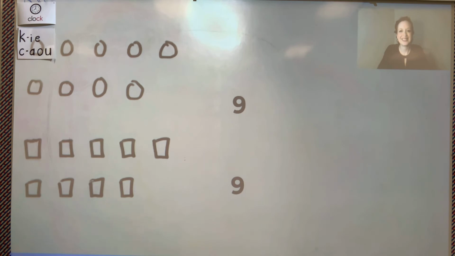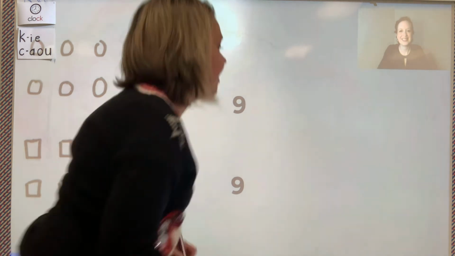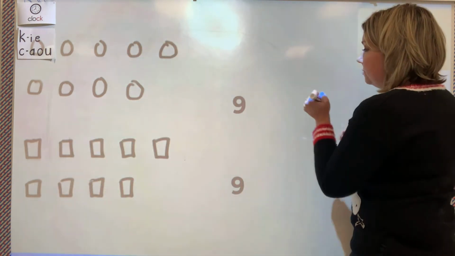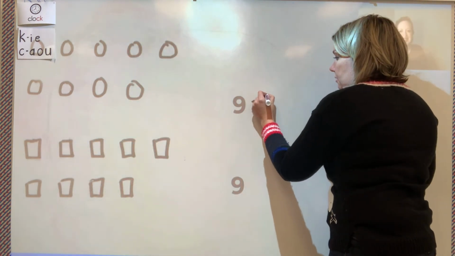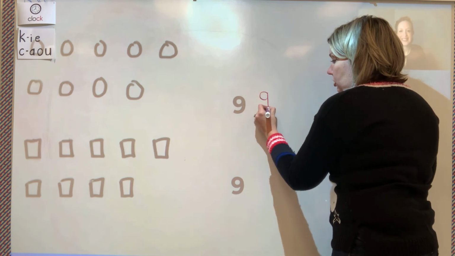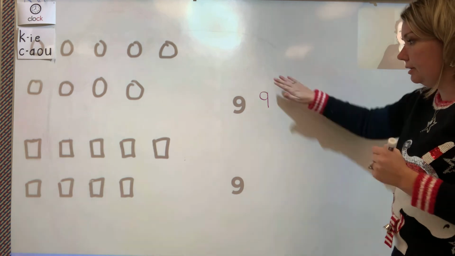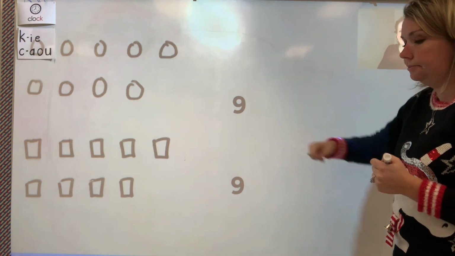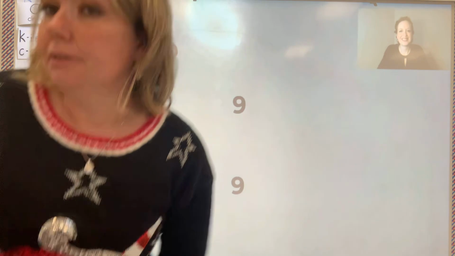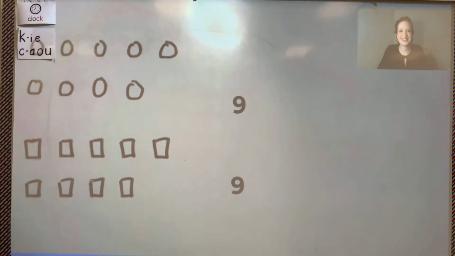Remember, when we write the number, it doesn't look the way this typed number does. When we write it, it looks like this with a straight line when we write our numeral 9. I'll give everyone a chance to draw their squares. Give me a thumbs up again when you've drawn your 9 squares and written the number.